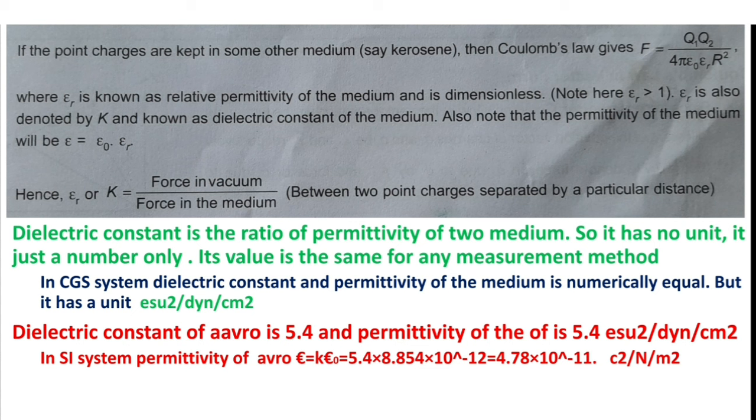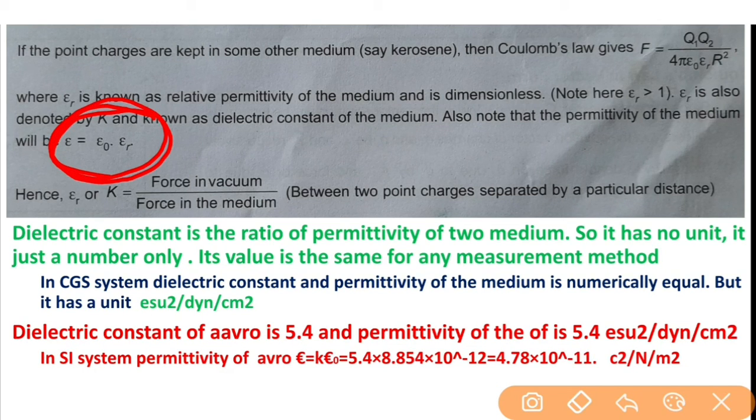The relative permittivity and dielectric constant are the same, and k is known as the dielectric constant of the medium. This is an important relation for dielectric-related problems.